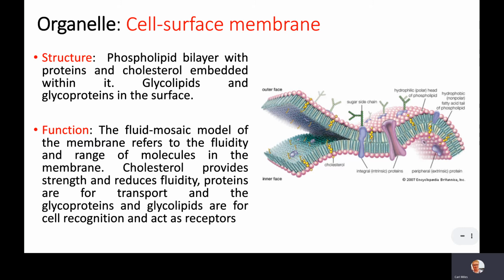And what we're seeing is an incredibly complicated unit that controls what comes in and what goes out of the cell. It provides strength, it ensures that there's structure, and it ensures that there are receptors on the cell surface to cause chemical reactions within the cell to make it react. So an incredibly important structure within any eukaryotic organism.